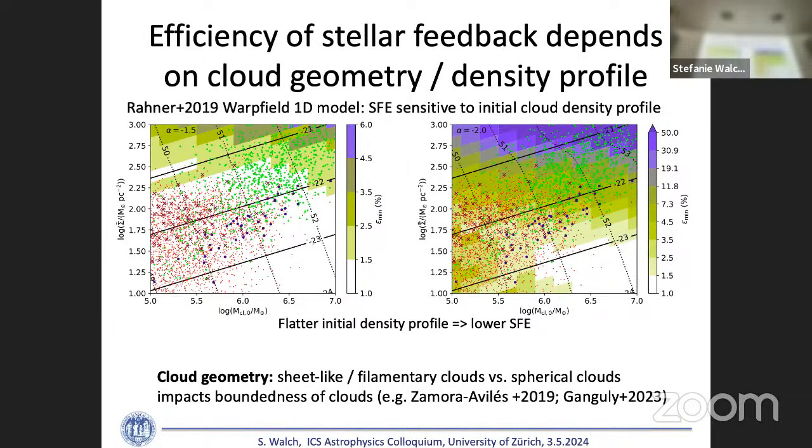There must be some change happening in the feedback when you become optically thick towards infrared radiation. That's when the radiation pressure becomes efficient. But also, with higher surface density, you're probably more gravitationally bound. But I'm not sure I get the question, to be honest.